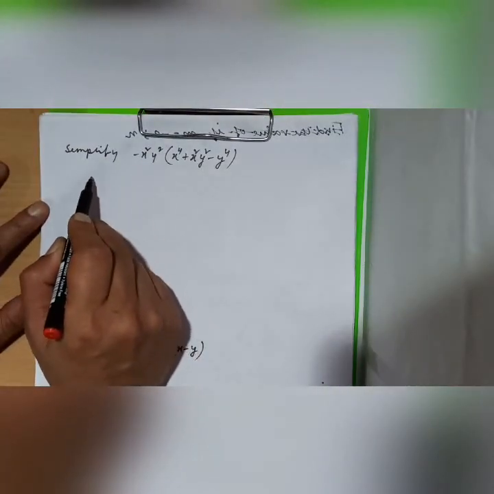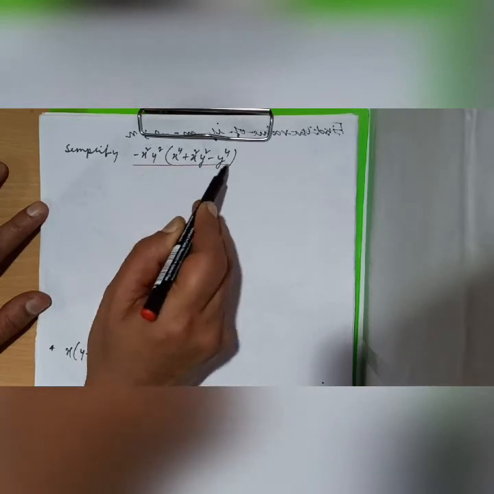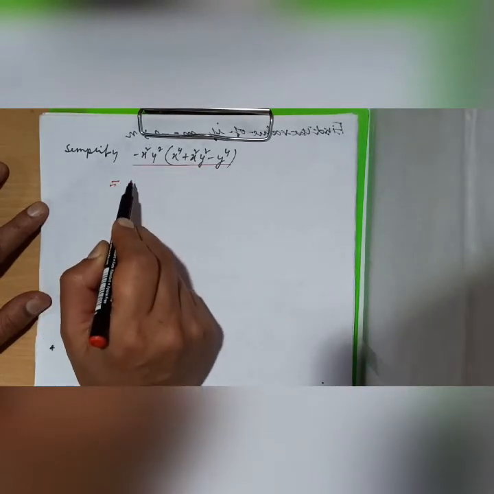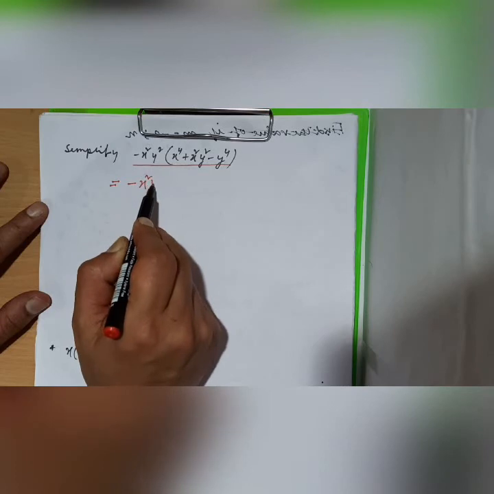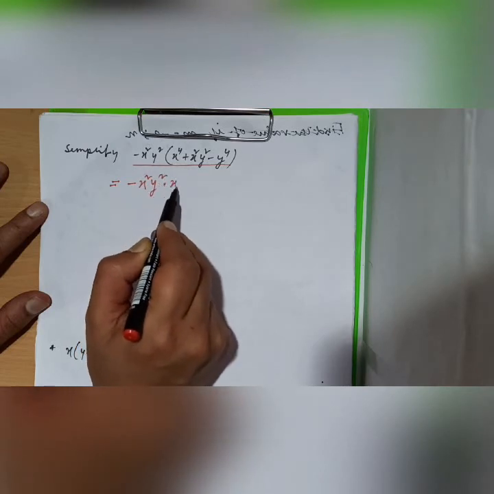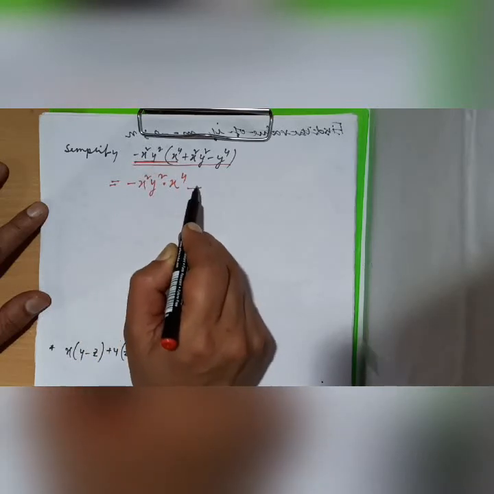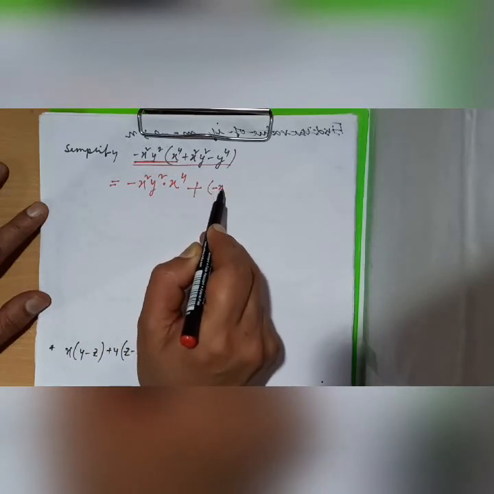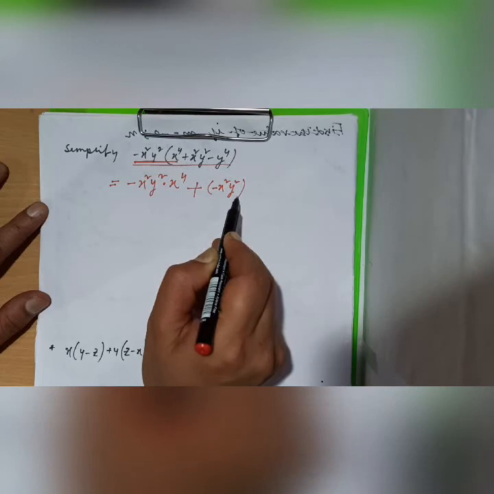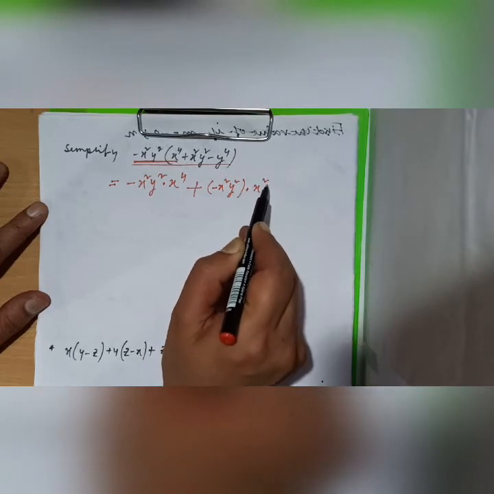So let us practice these two sums. First let us practice this sum. This sum will be very simple. The question is this. Let's start from here. Minus x square y square into x to the power 4, the first one, these two, plus minus x square y square into x square y square.